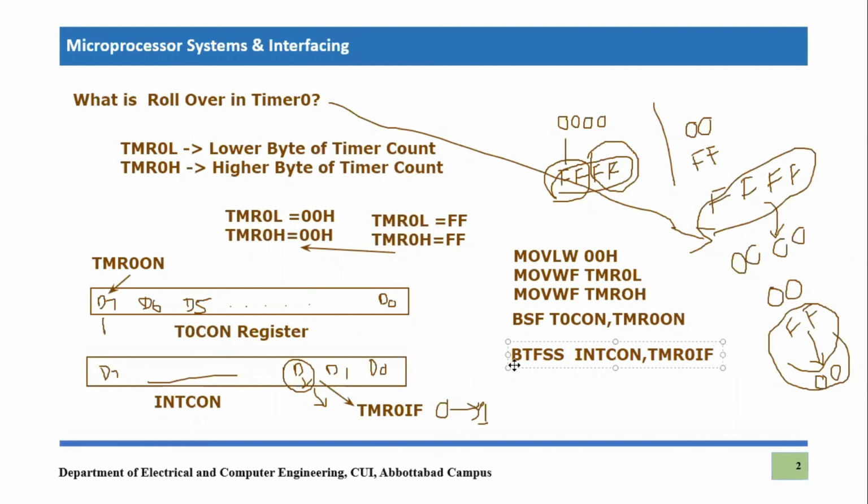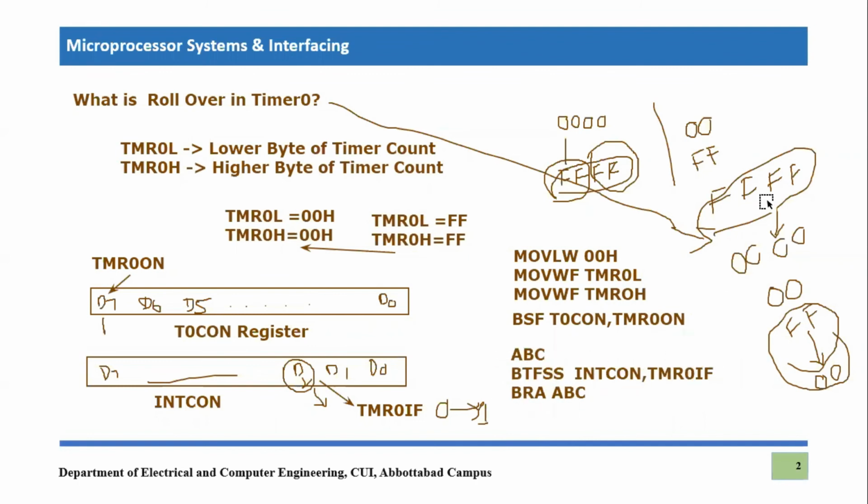And you know that if we want to stay on this line, you can simply write over here, branch ABC, and ABC will be defined before this line. So what is going to happen? Unless this specific bit becomes 1, we won't be coming out of this loop. We will be again and again checking it until it becomes high.